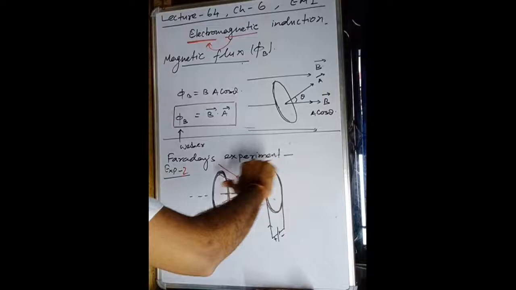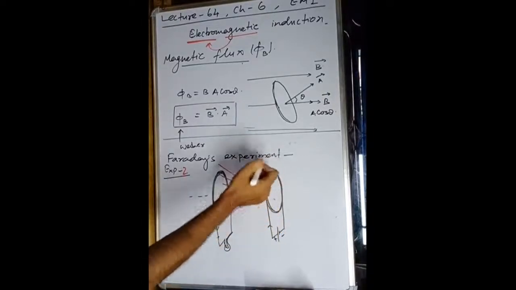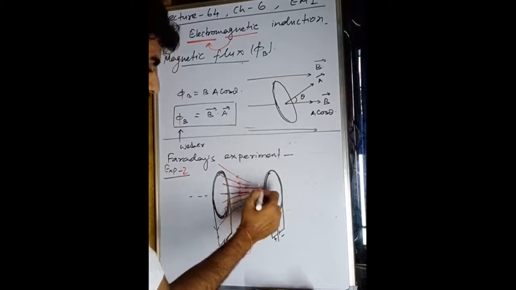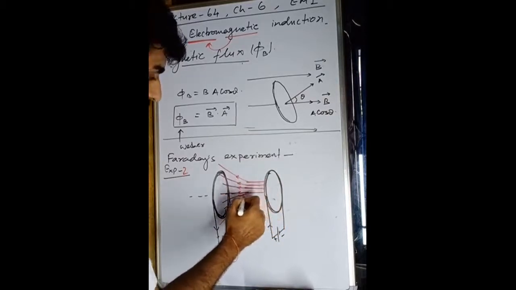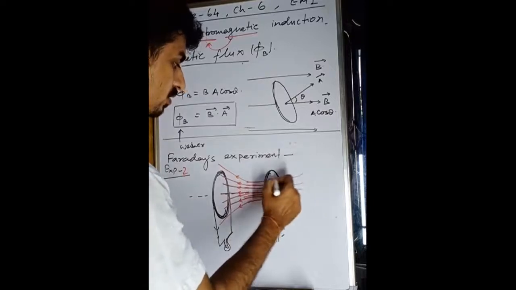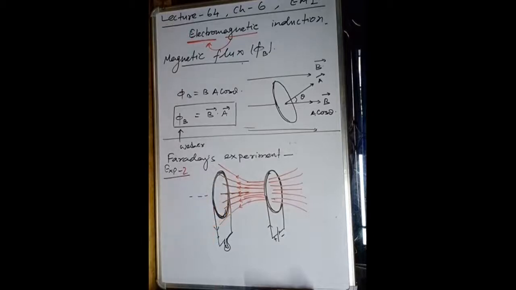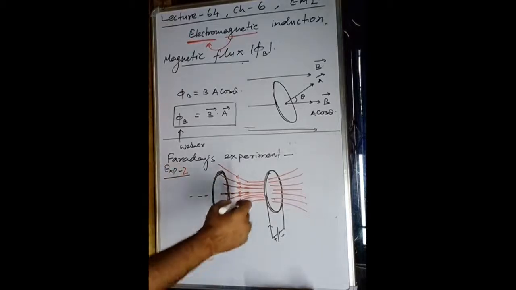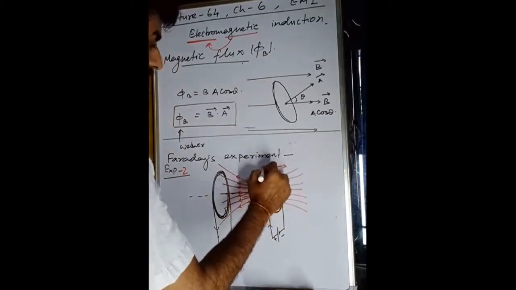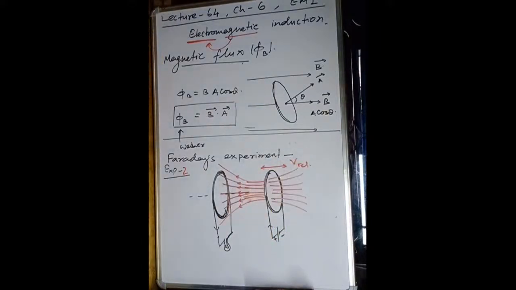Now, as the current is moving, a magnetic field will be generated by this coil, and this magnetic field will be linked with the other coil again. Now, as you move this coil, you give V relative. What will happen? Again, this bulb will glow.